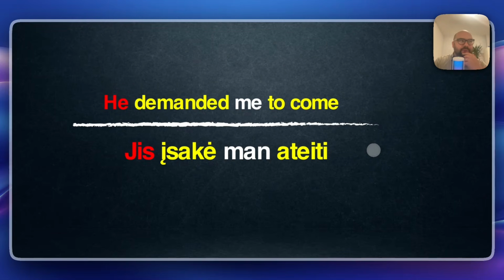Įsakyti means, well, you could say I'm saying it into you because I'm so demanding. Try to remember it like this, because it's so demanding that it goes in, like it's imperative, right? He demanded me to come. Jis įsakė man ateiti.